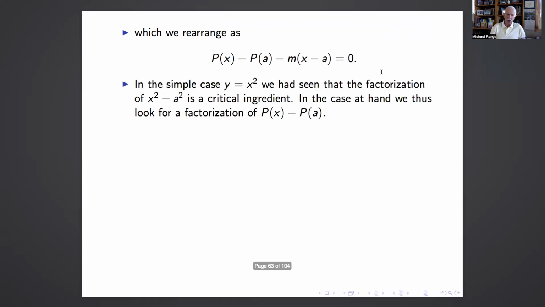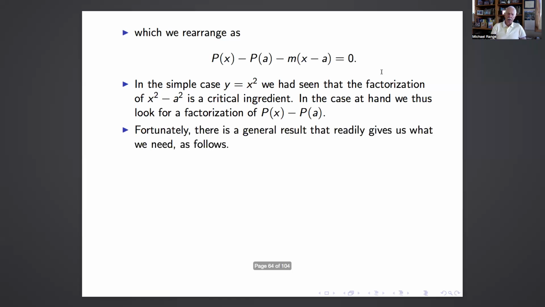Recall that in the simple case, y equals x squared, we had seen that the factorization of x squared minus a squared is a critical ingredient. So in the case at hand, we look for a similar factorization of p of x minus p of a. And fortunately, there is a general result that readily gives us what we need, as follows.